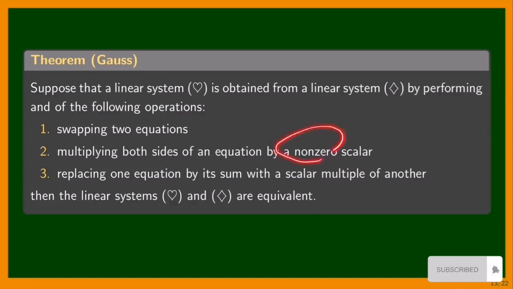We can only multiply both sides by a non-zero. Remember that. Okay, basically, number 3 is like adding two equations. Two equalities, when you add them, lead to another equality. Right?